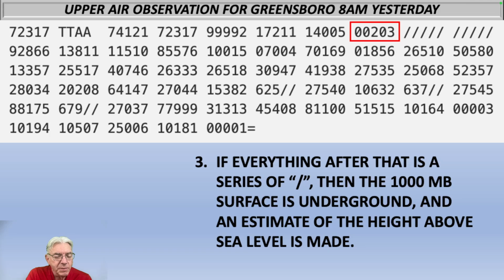Now, you might think this is absolutely crazy, but if you're looking at, say, the 1,000 to 500 millibar thickness, which gives you the average temperature of the air between 1,000 millibars and 500 millibars, then you have to have this number, even if it's underground, for you to be able to accurately assess what the average temperature of the layer is, okay? There's a formula that is used to come up with that number, but again, 203 meters above sea level, but the surface itself is actually underground.